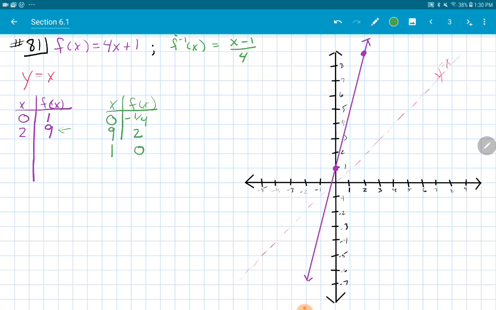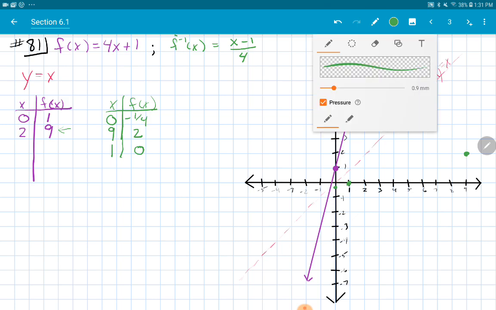Good. So let's plot those 3 points. When x is 0, y is negative 1/4, right here. When x is 9, y is 2, so a point right here at 9, 2. And a point at x equals 1 and y equals 0, right here.